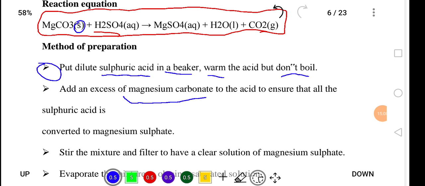As the orientation changes, there will be a high chance of sulfate and magnesium ions with opposite charges to react chemically to form magnesium sulfate. We are also saying we are going to add magnesium carbonate in excess, and the reason is just the same, to ensure that all the sulfuric acid is converted to a salt.